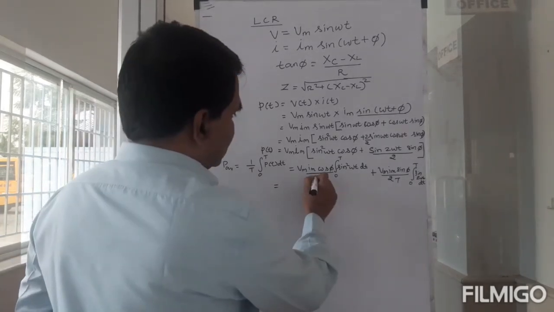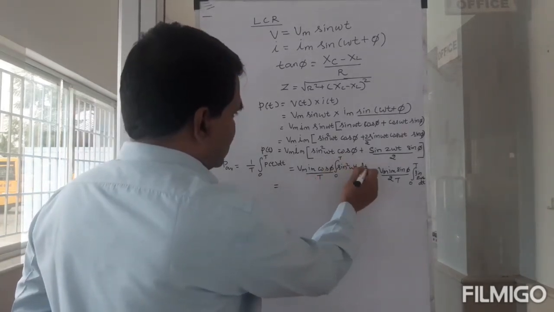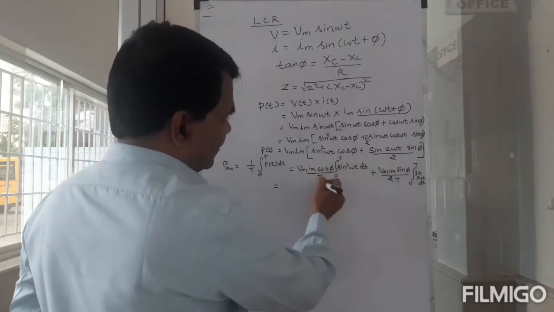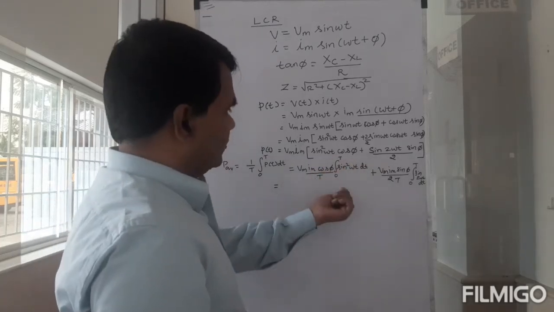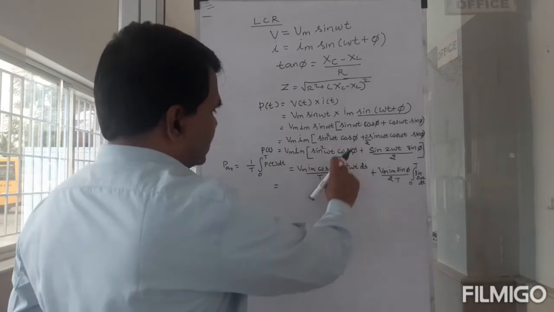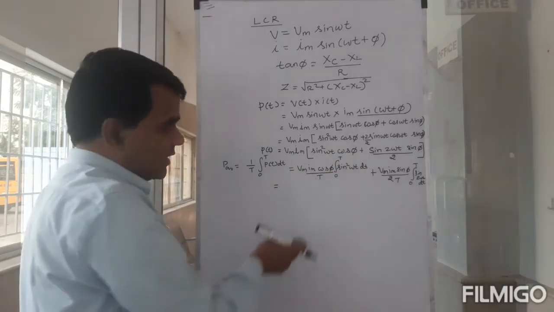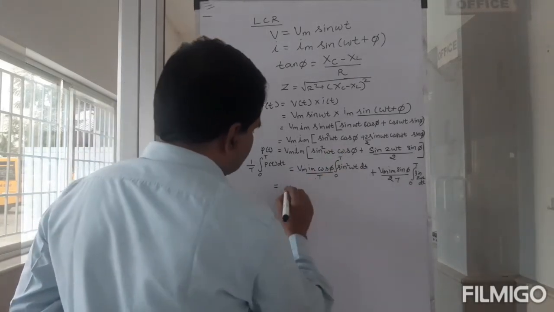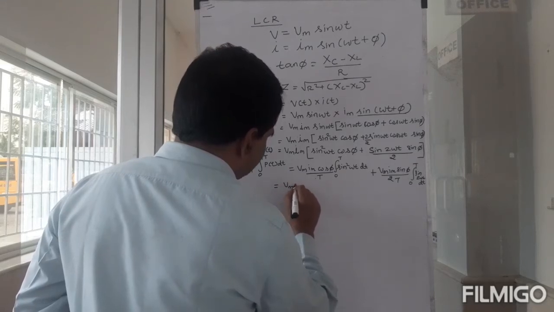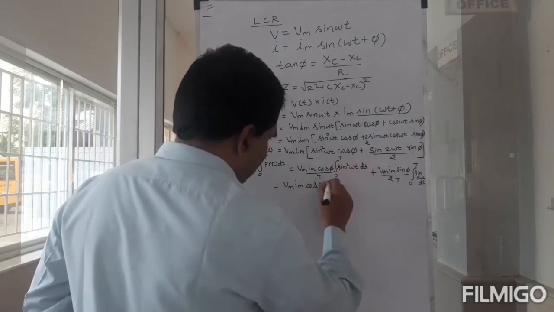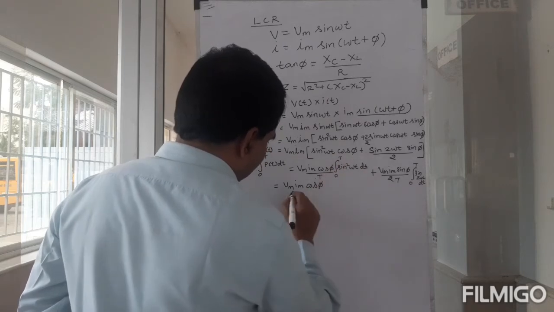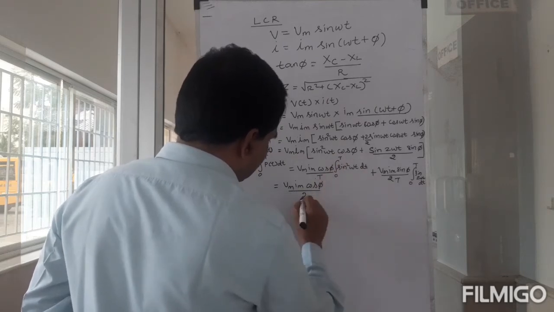You know this part: the sine squared function integrated over the period divided by the time period would give you half. So that's going to be Vm Im cos phi times 1 by 2. We've done that before.